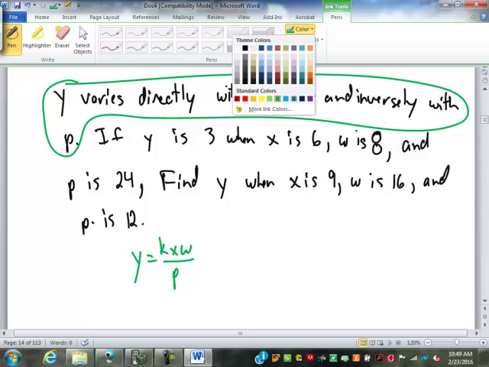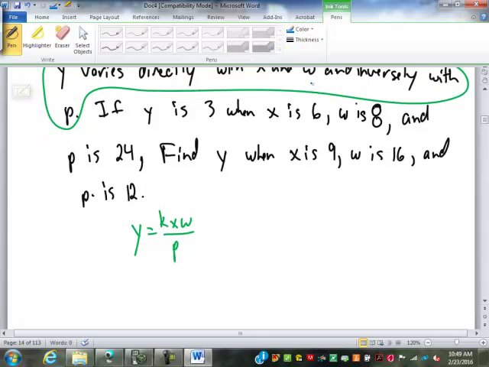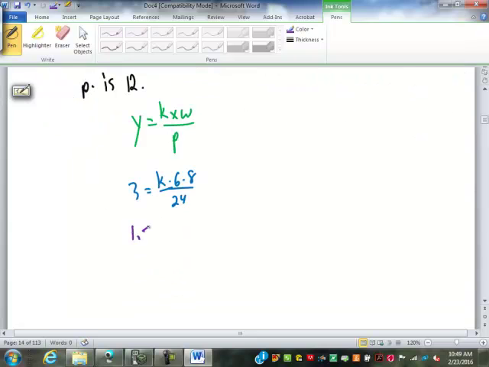So from there, it's just plugging in numbers. Y is 3 when x is 6, w is 8, and p is 24. If you solve that, you end up getting k as 1.5. Correct?